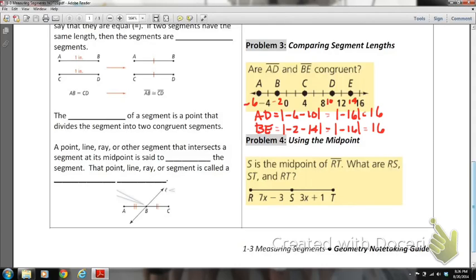So since AD and BE are equal lengths, the answer is yes. AD is congruent to BE because the length of AD is equal to the length of BE.